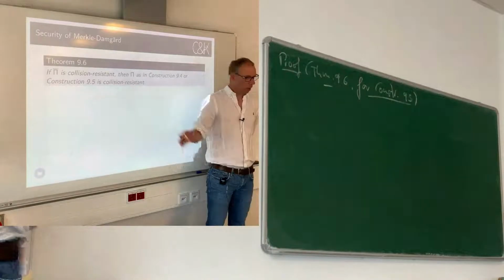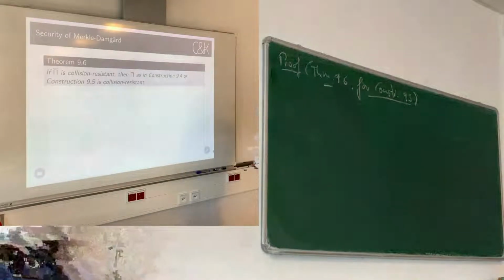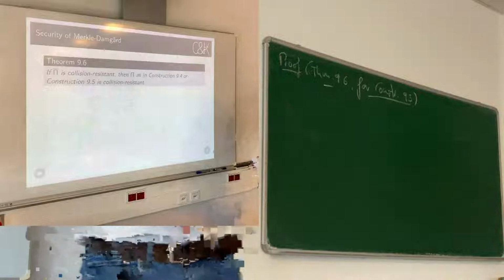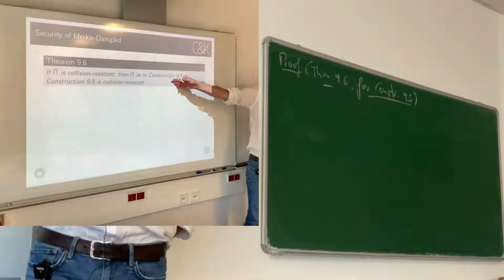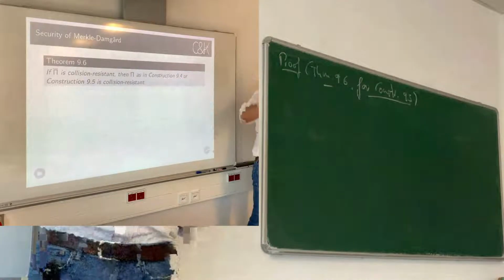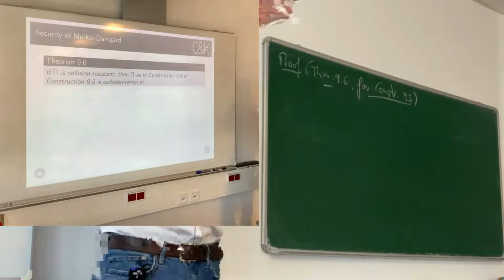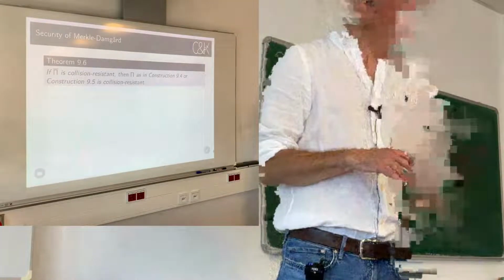I won't do that today. I will just show you how, given a collision in pi, you can actually construct a collision in pi bar. And then you would have to transform that into an actual adversary, but that's very simple. Okay?